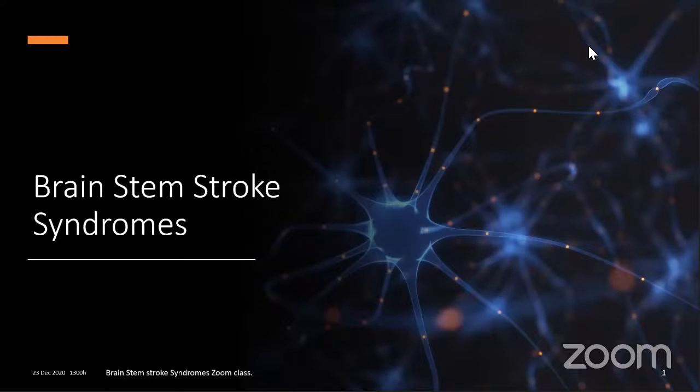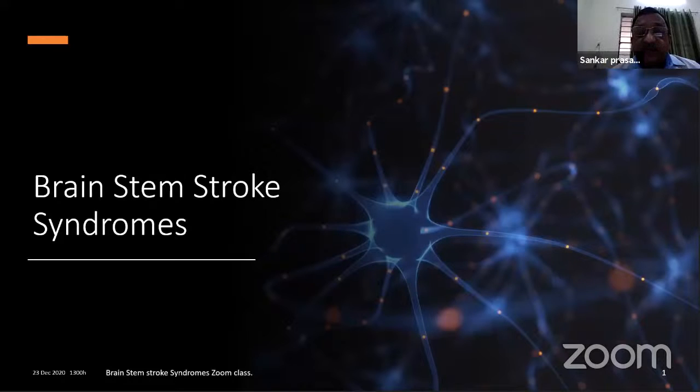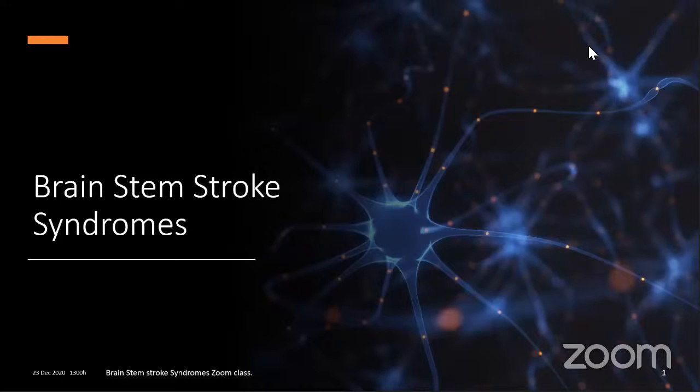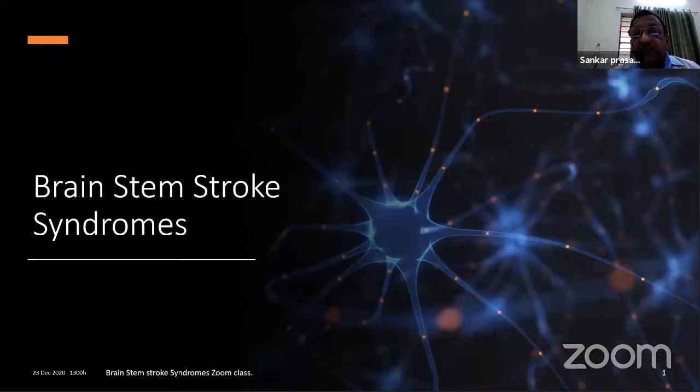Sir, midbrain, figures, we can't see the figures. You can't see the figure? Only one picture is there with dendrites and all. I'm not seeing the figures. Okay, we'll do it again. Are you able to see anything now? No, sir.